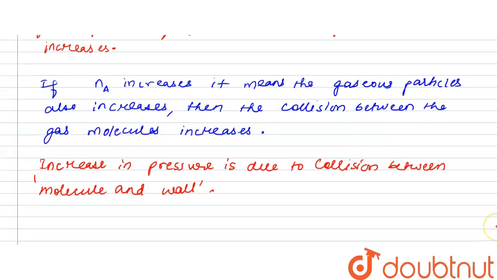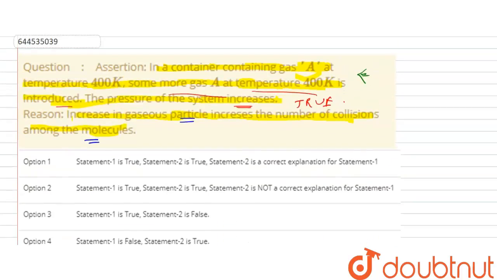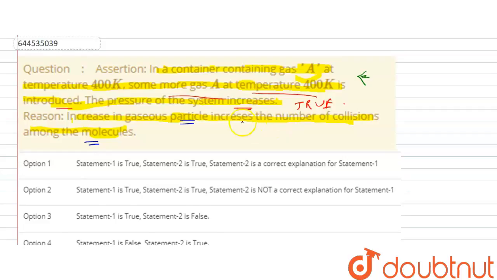So definitely the collision between the molecule and the wall of the container is responsible for the increase in pressure. So definitely it is not the correct reason.